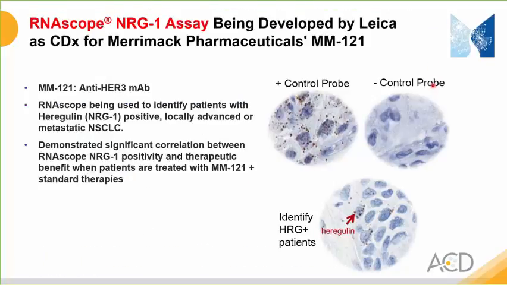The final application that I'll briefly mention prior to getting into the data interpretation portion of the webinar is the application of companion diagnostics. So RNAscope is being used by several biopharma companies in their companion diagnostic programs, including Merrimack Pharmaceuticals.